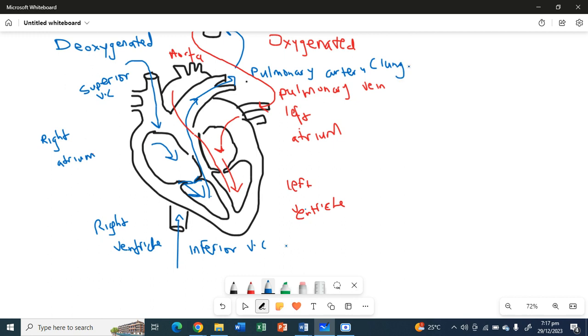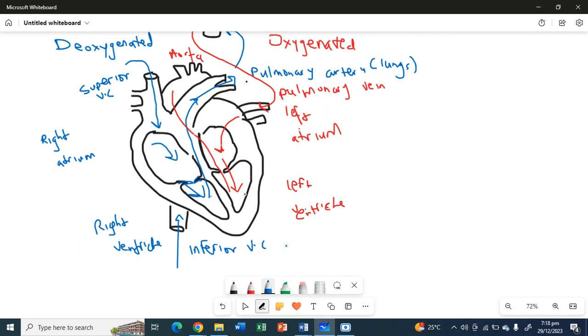Then once the deoxygenated blood reaches the lungs, the carbon dioxide goes and the oxygen comes in. And from the lungs, the pulmonary vein brings the oxygenated blood through the left atrium and through the left ventricle.